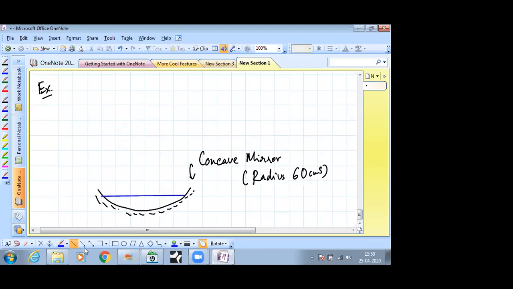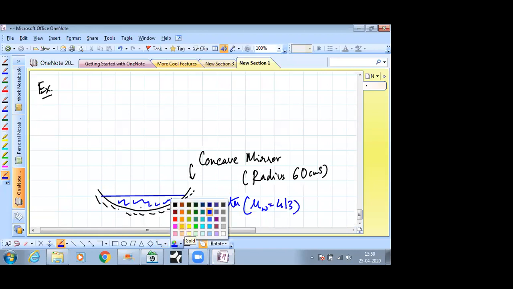So there's a layer of water above and obviously, because of gravity, the surface of water is plane. The refractive index of water is given to us as 4/3, such that this distance here from the pole of the concave mirror to the height of the water layer is, let us say, 2 centimeters.